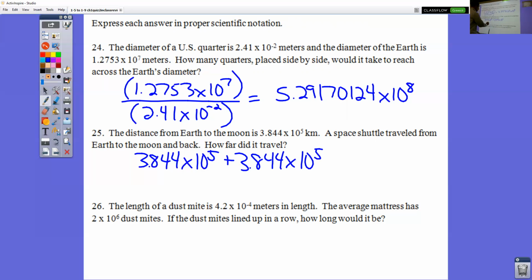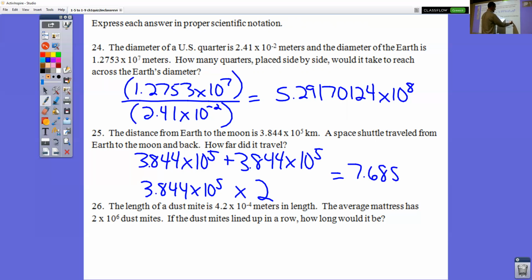Or you could take 3.844 times 10 to the 5th and multiply it by 2 because you're traveling that same distance twice. Either way, when you make your answer into scientific notation, you get 7.688 times 10 to the 5th power.